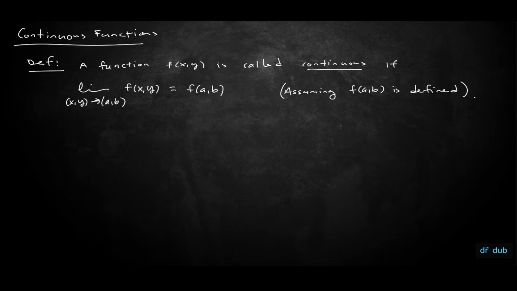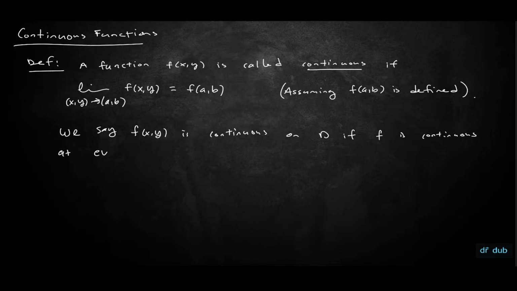And then we say f(x,y) is continuous on some region D if f is continuous at every point in D. So continuity really just means that the limit of the function is equal to the function value, just like we know from single variable calculus. It's the same thing here. The limit is equal to the function value.